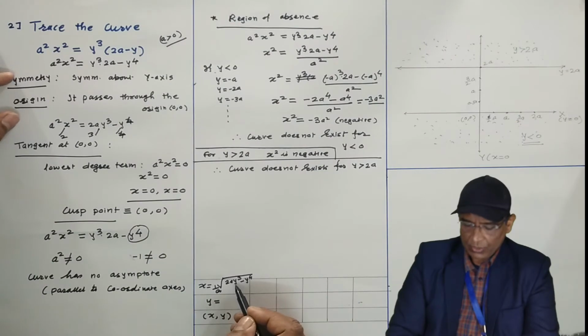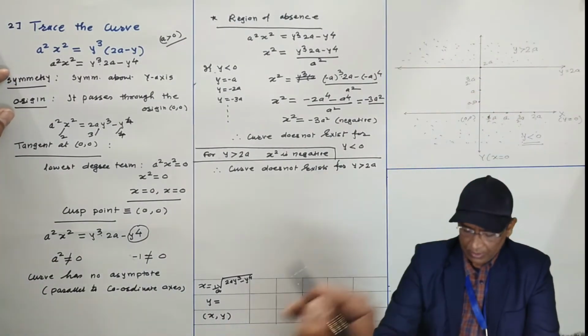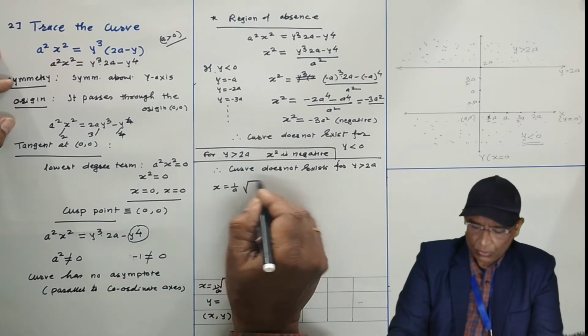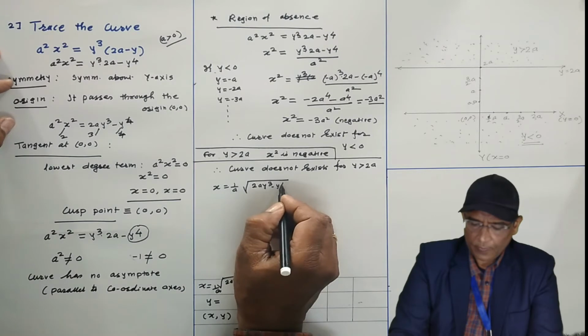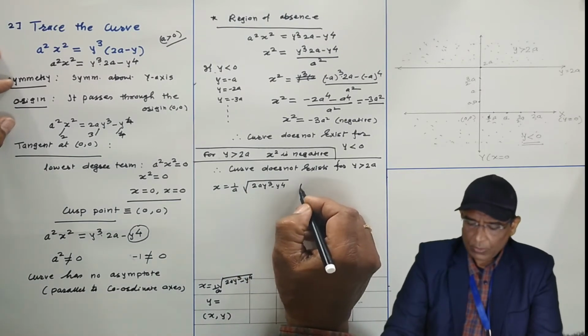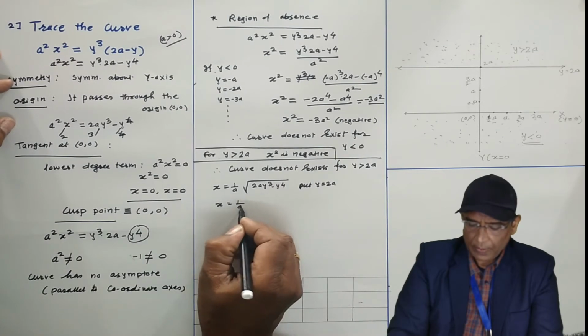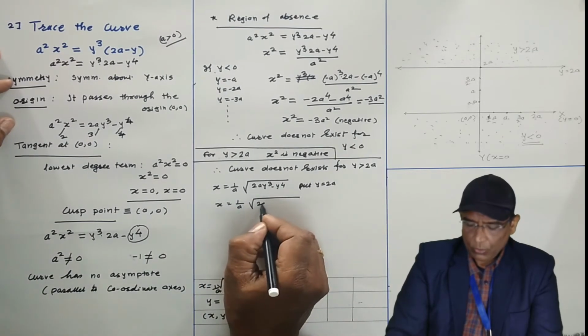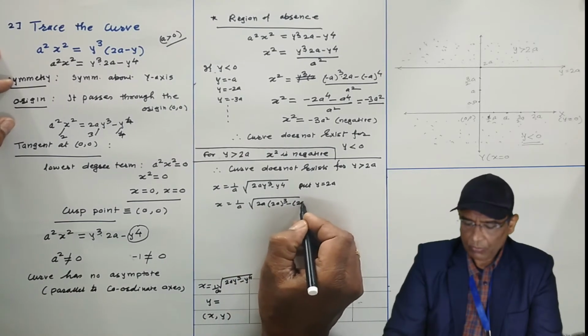Now, put various different values of y. For y equal to 2a, what will happen? x equals 1 by a under root of 2a y cube minus y raised to power 4. If you put y equal to 2a, x equals 1 by a, under root of 2a power 3 minus 2a power 4.